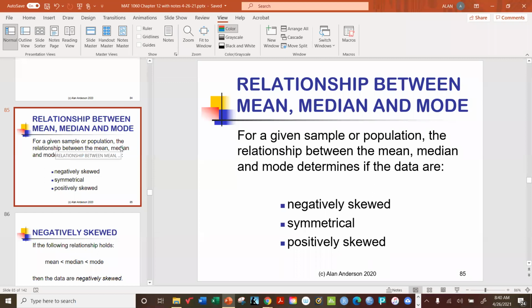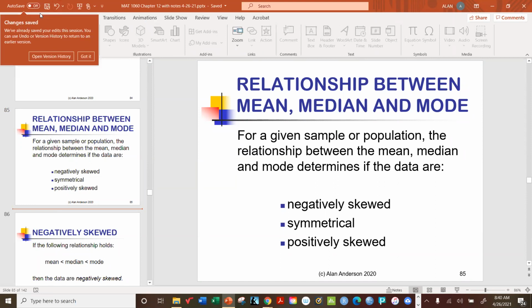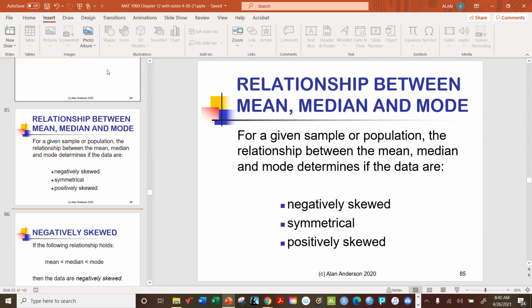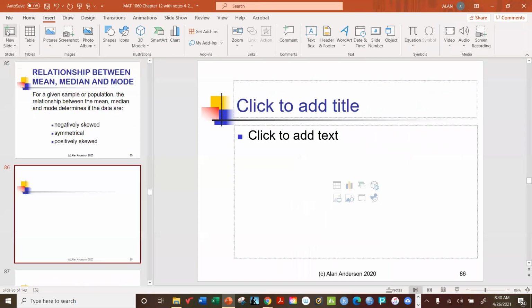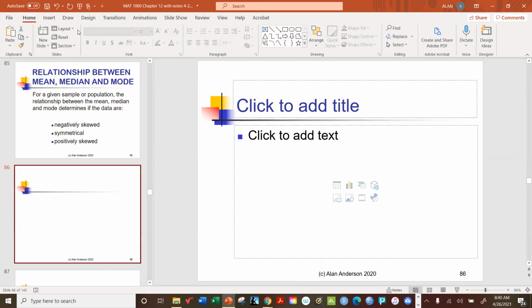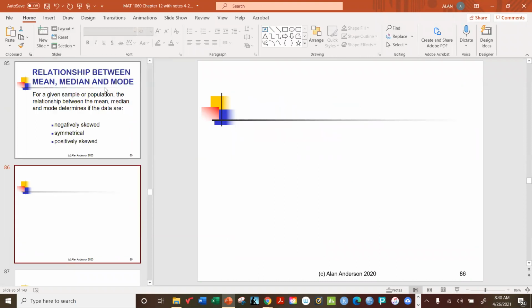So just as a side detour here, I want you to see a special kind of graph that you can use to describe your data, sample or population, either one is fine. And it looks something like this.